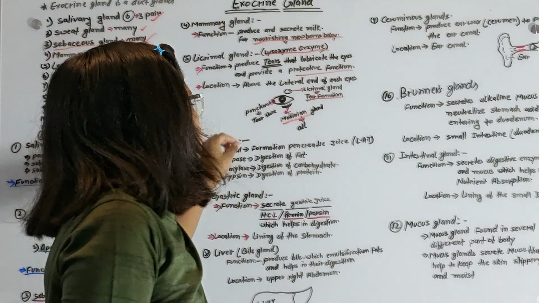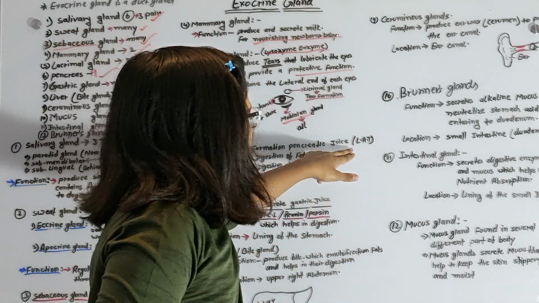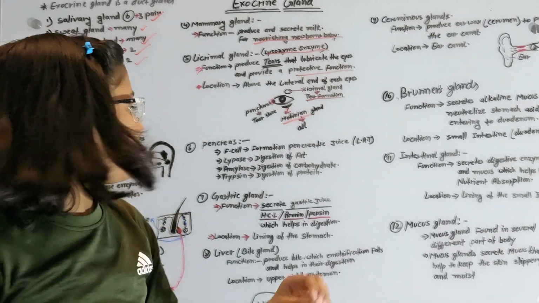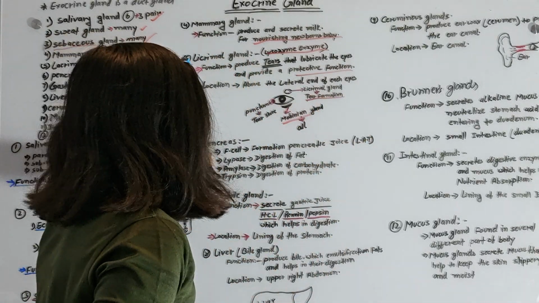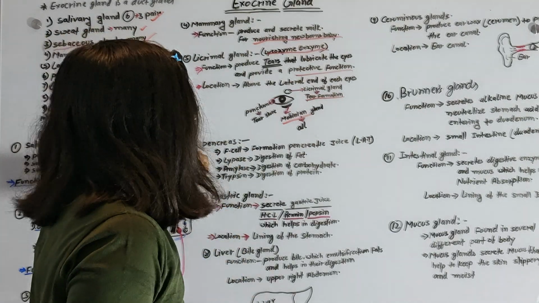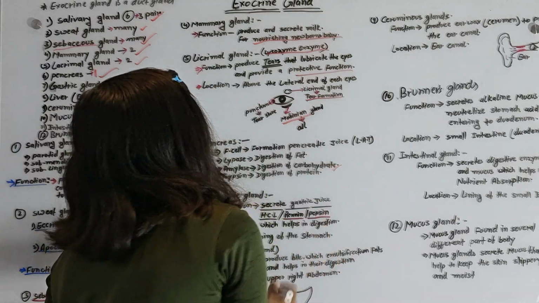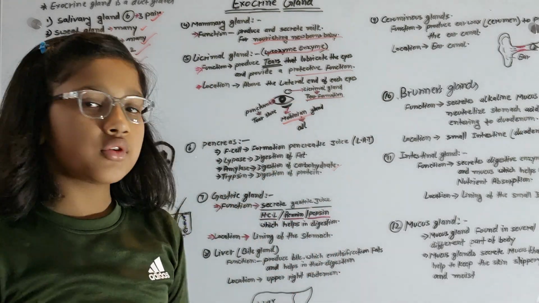F cell does the formation of pancreatic juice, like LAT. L for lipase, which does the digestion of fat. A for amylase, which does the digestion of carbohydrate, and T for trypsin, which digests protein.